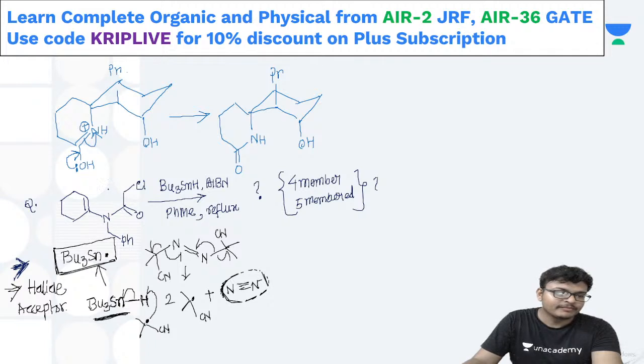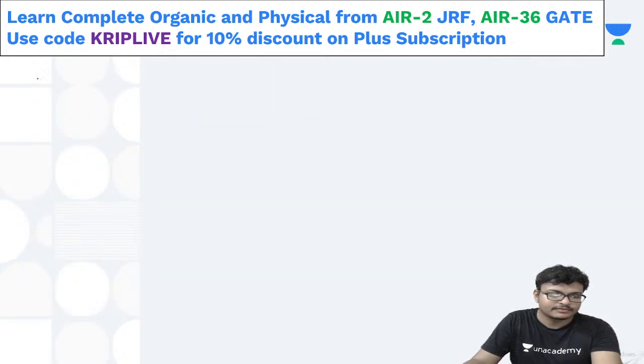Halide acceptor means in this scenario, in the next case, if you try to understand, there is a carbonyl.